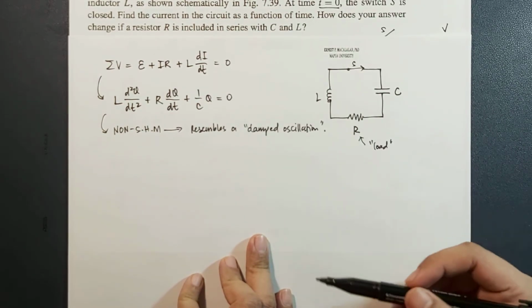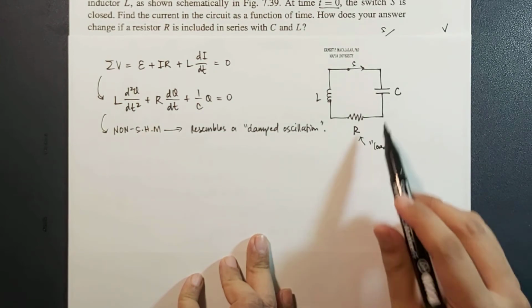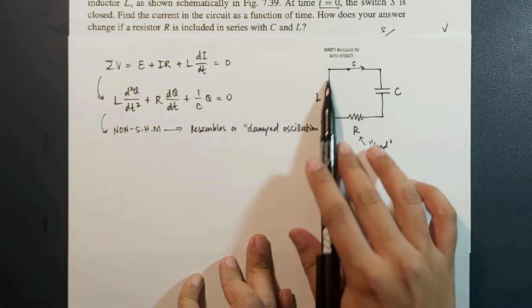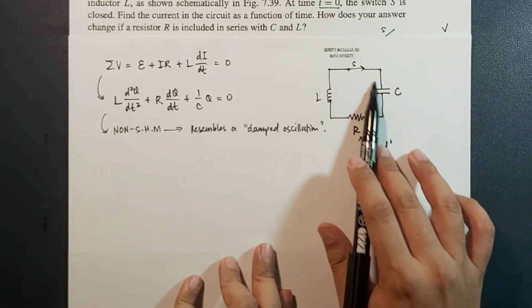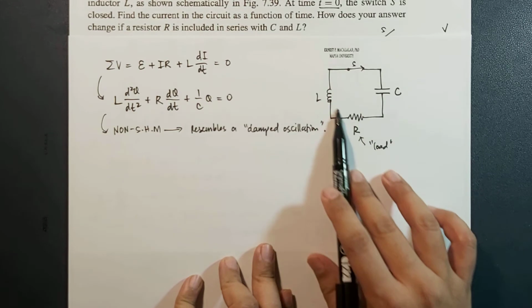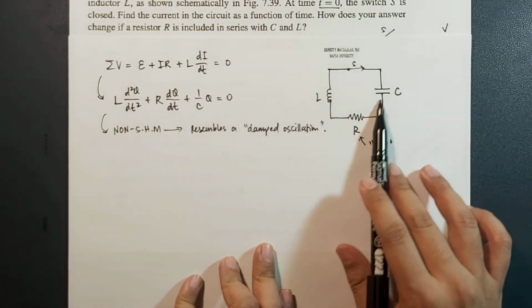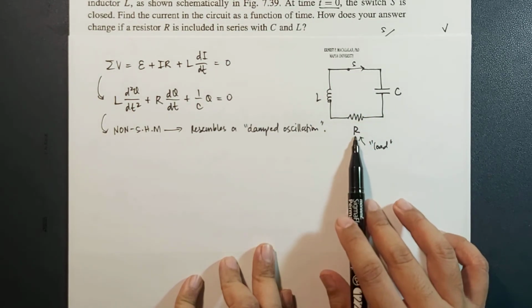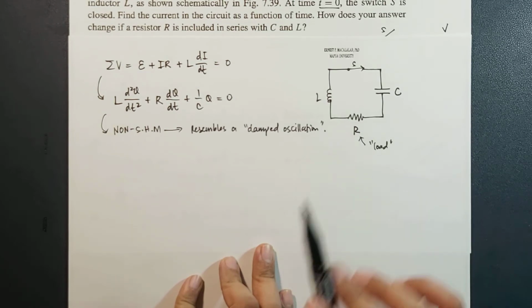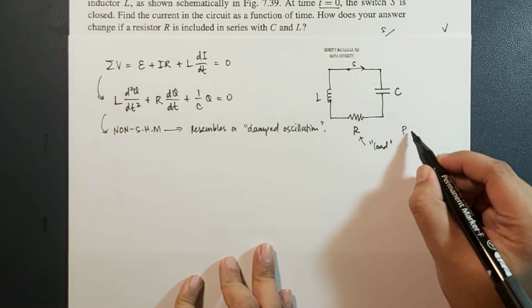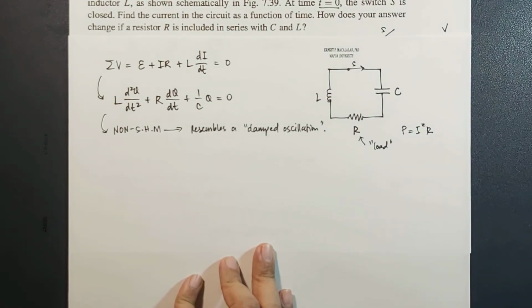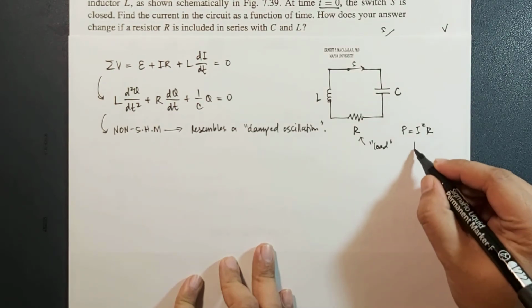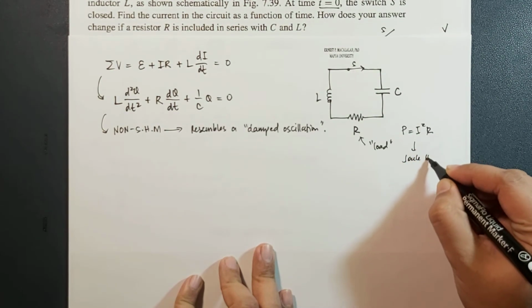As the charge goes back and forth in an oscillating manner, this resistor uses up that energy given by P equals I squared R. We call this Joule heating.